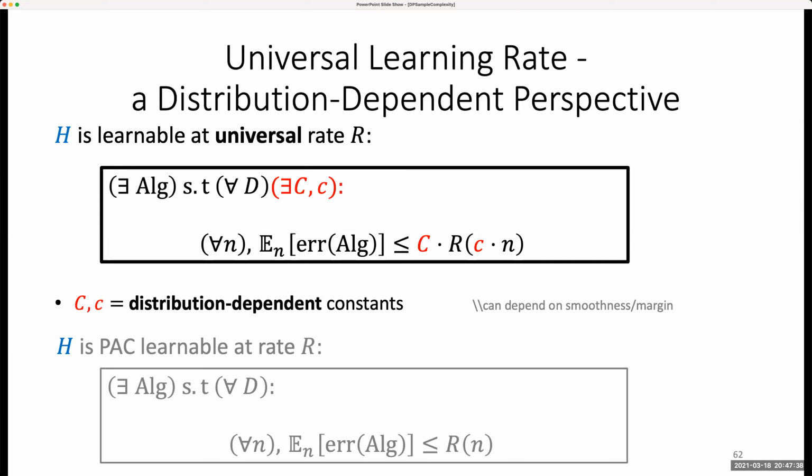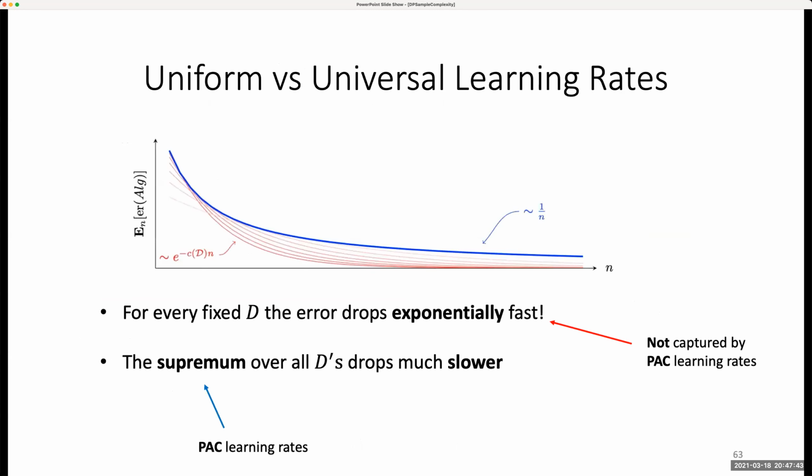Once you consider this definition of learnability, the landscape changes quite dramatically. What was already shown by the first theoretical work, by Schuurmans in the 90s, is that you can exhibit VC classes for which the PAC rate, the uniform rate, is linear, VC over n. But if you consider this universal definition, where these two constants come in, then any fixed realizable distribution is learnable at an exponential rate, so much, much faster.